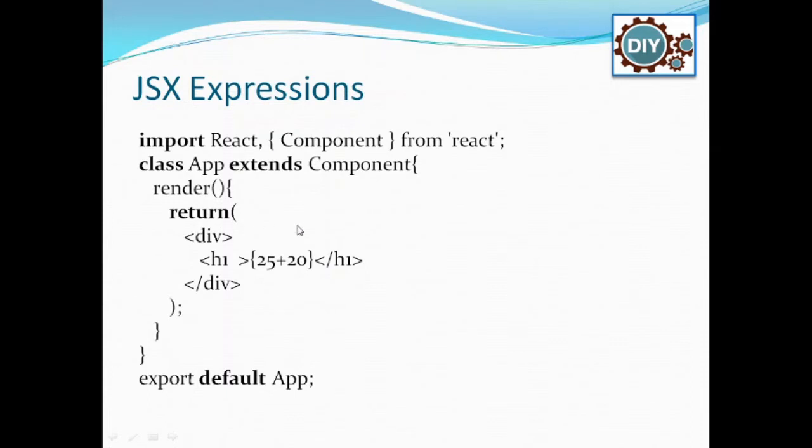Whatever we write in our return here goes to your JSX. This is processed by your preprocessor and converted at runtime into JavaScript. Now your presentation and your logic are in a single file, your app.js file. This is pretty convenient for React developers.